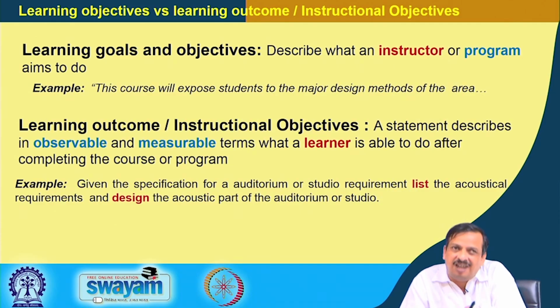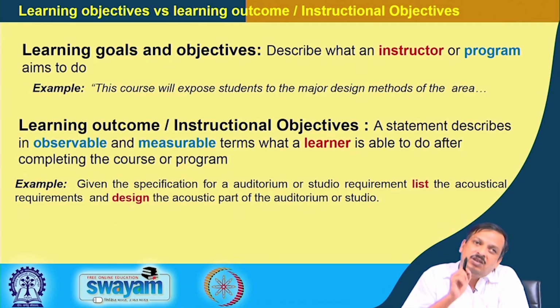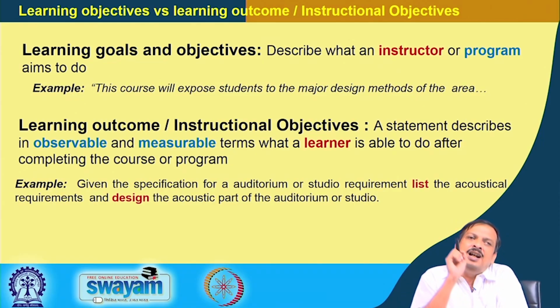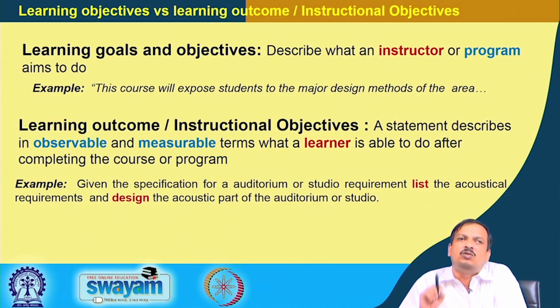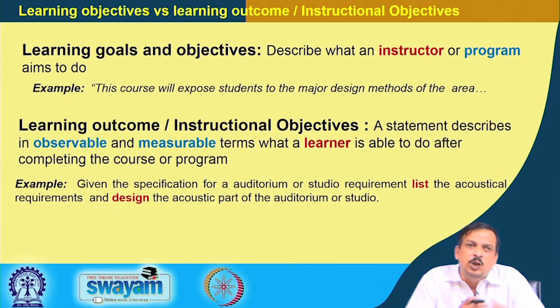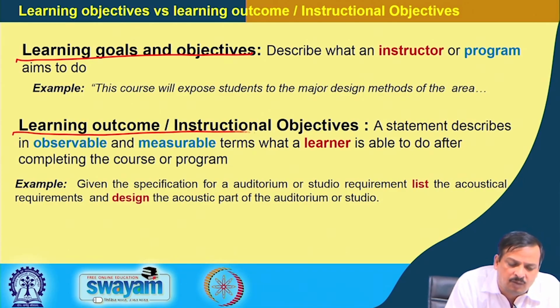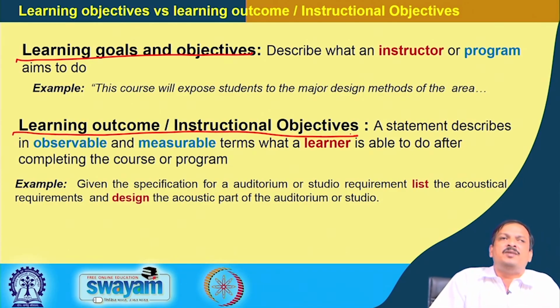If it is an instructional objective, then it is an outcome. When you write the course objective on the principle of instructional objective, it becomes an outcome. So, the usual difference is between the course goal or objective and the learning outcome or instructional objective.